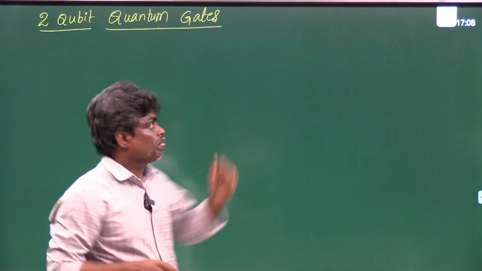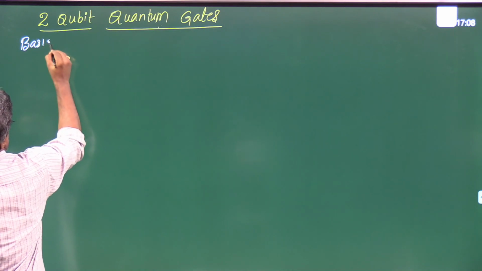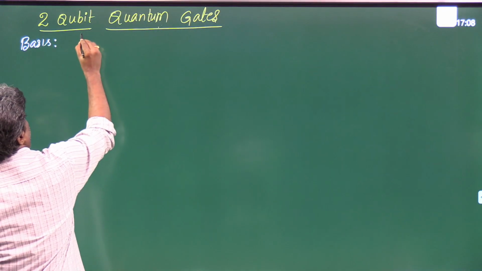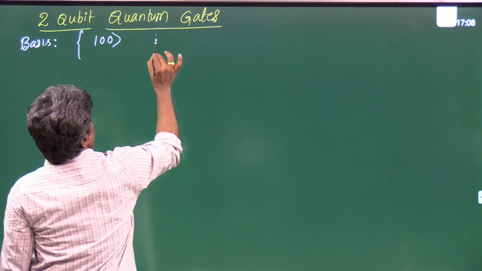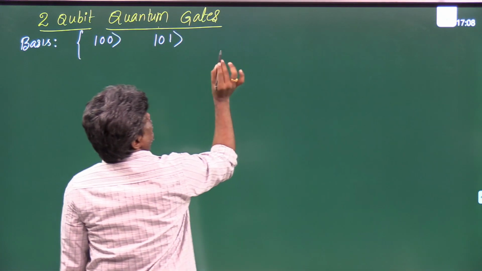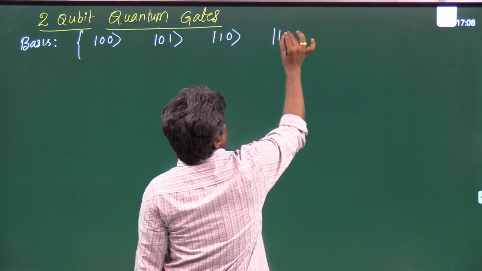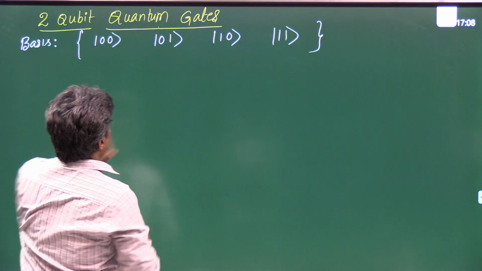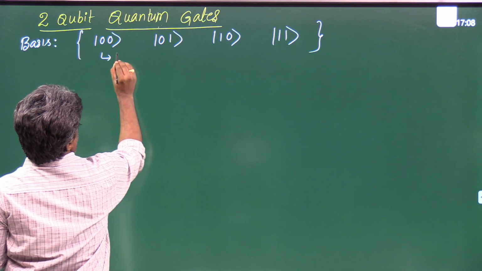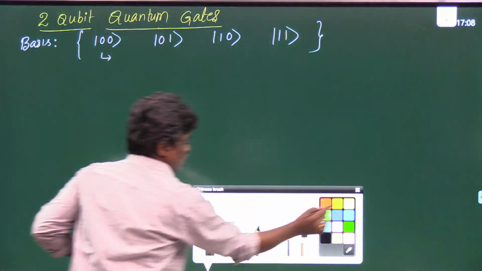Ready? So first we have to write the basis states. I think in the last class I already discussed what the basis states are. 00, 01, listen carefully, very important, 10 and 11. In the binary notation we can write this as 0. Okay, this also I explained, I think.